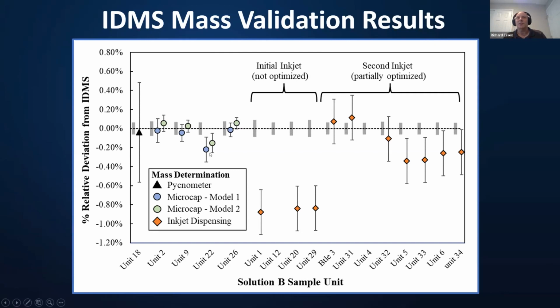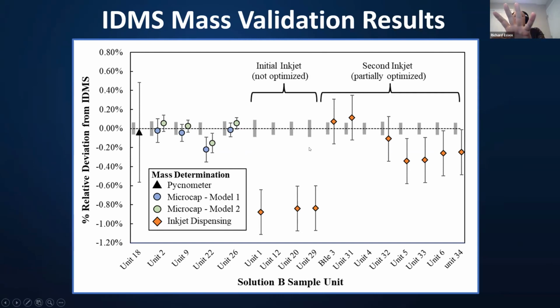The exception is one sample that we knew was a problem. When we made this sample, we could see that there was a problem with the weighing. In a strange way, it's good that the IDMS is showing that this weighing issue actually did translate into our ability to make that measurement.